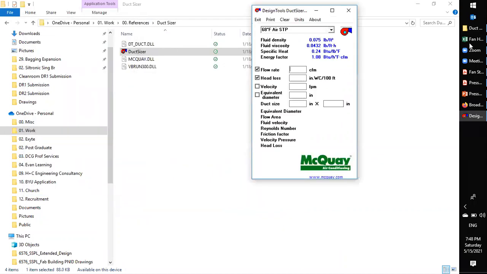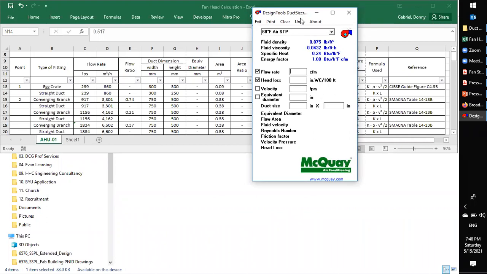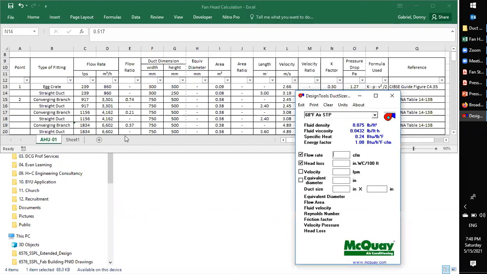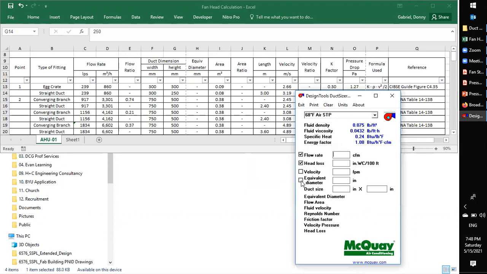Straight duct, we have 300 by 250. That's our duct size. So we'll write down here 300 by 250. You can see here the equivalent diameter 299.07.